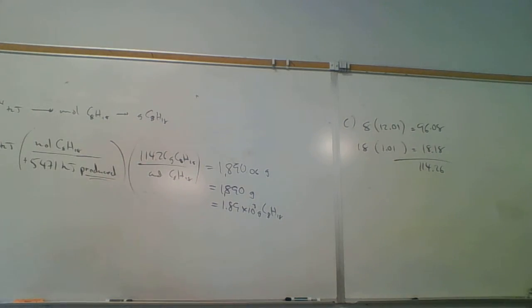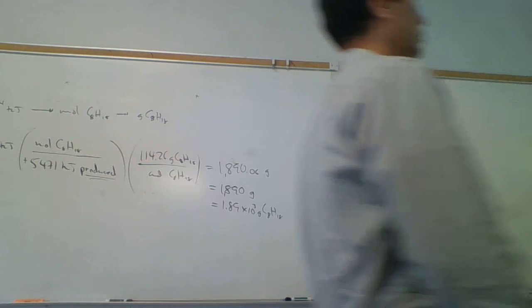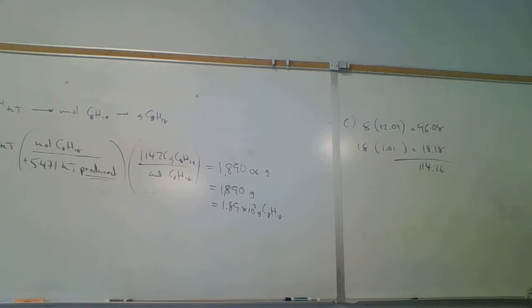They go from kilojoules to moles using delta H, then moles to grams using the molar mass. That's what we did. And they got 1,890 grams, or 1.89 times 10 to the 3rd grams.